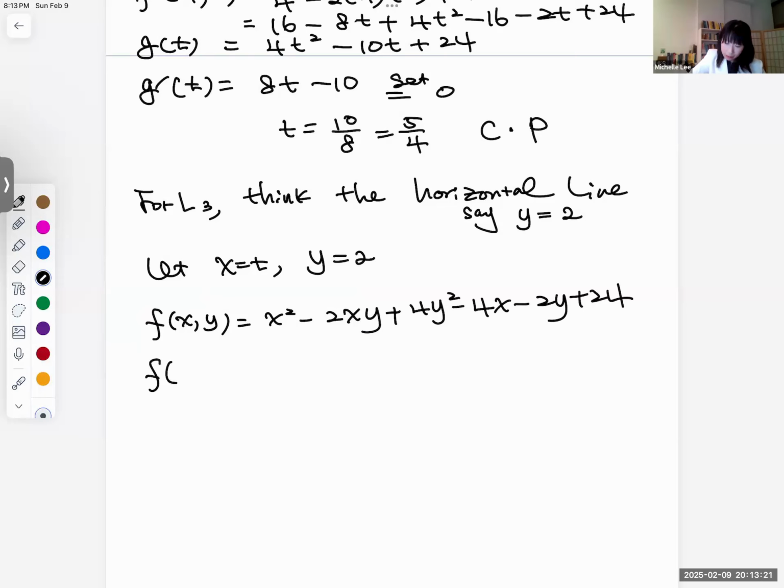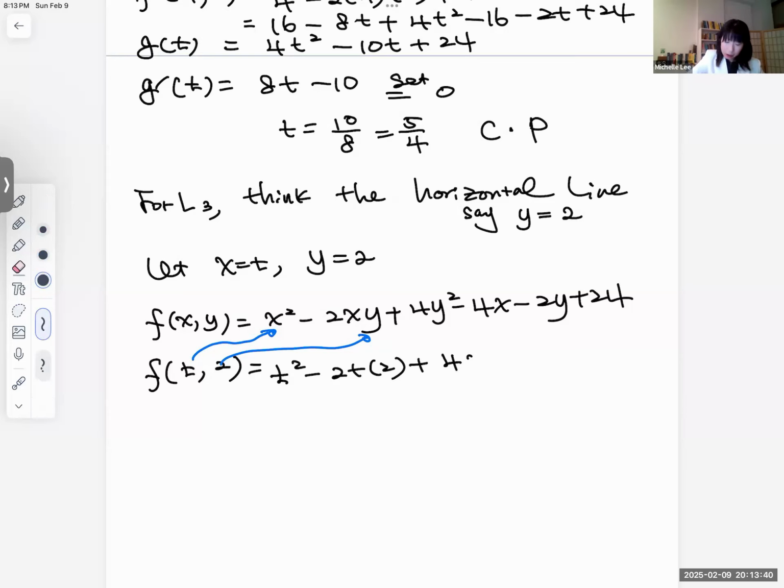And x equals t, y equals 2. That means we substitute the t into the x, 2 into the y, right? So let's do it. t squared minus 2t times 2 plus 4 times 2 squared minus 4 times t minus 2 times 2 plus 24.